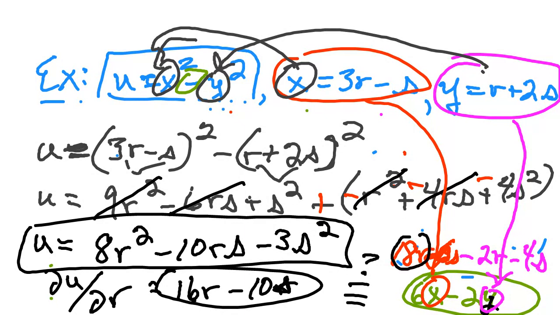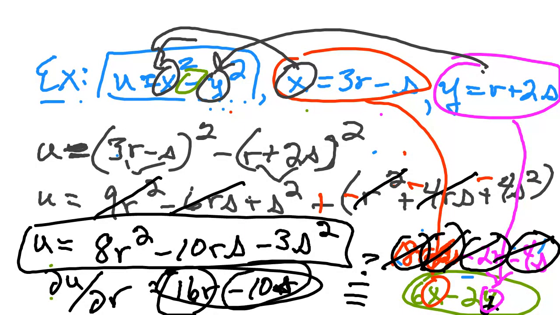So 18r minus 2r is 16r, like I had before, and then minus 6s minus 4s is minus 10s, that I had over here as well. So it is true that these are equivalent, but we don't necessarily have to verify that. Anyway, this is two different ways to do it.